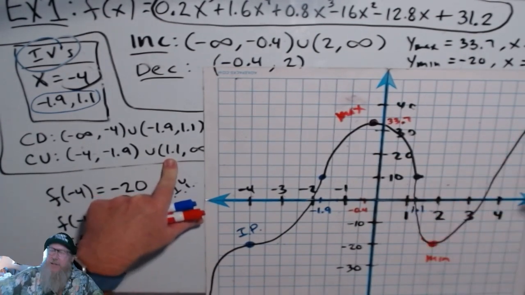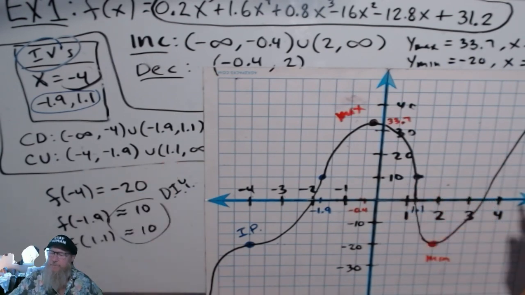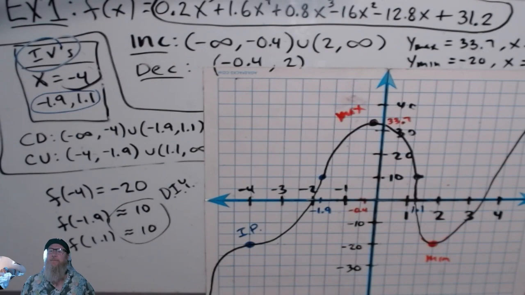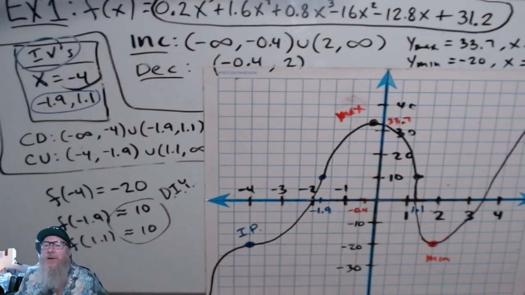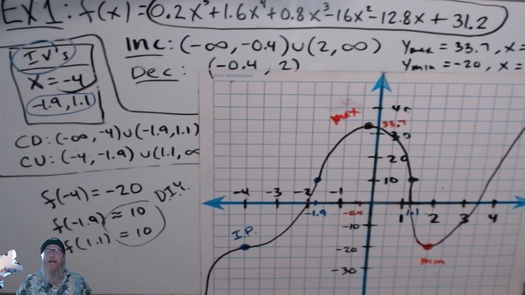And so this is the U-shaped graph all the way to infinity. And there you go. That is a quintic polynomial with full calculus analysis, first, second derivative, and the graph.